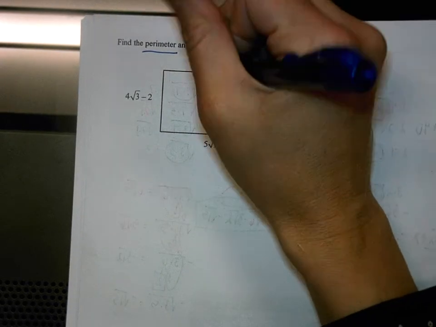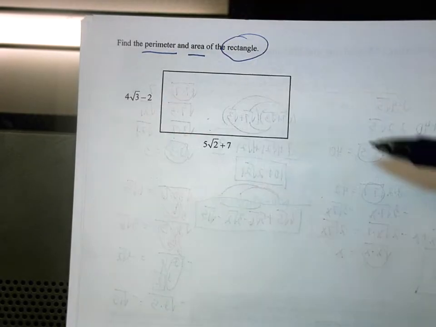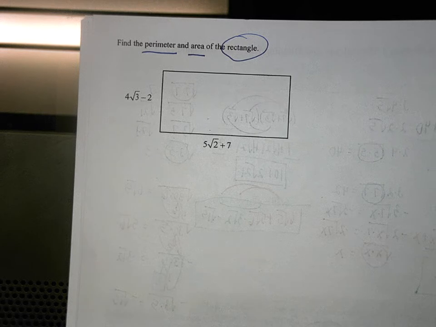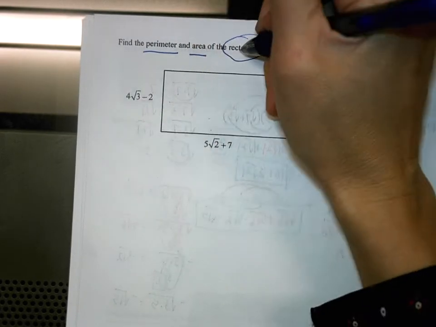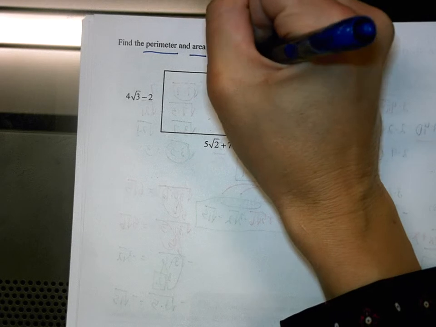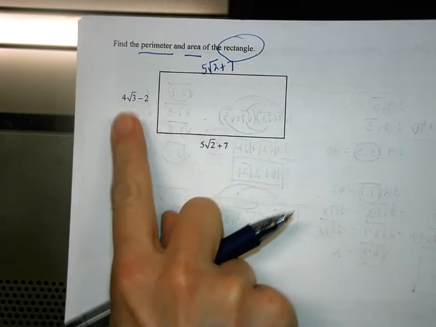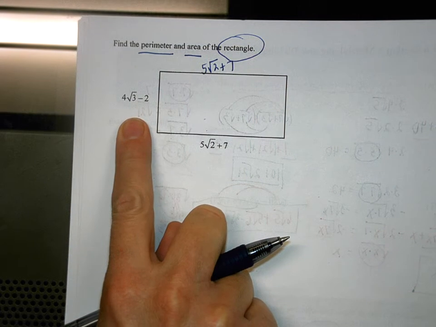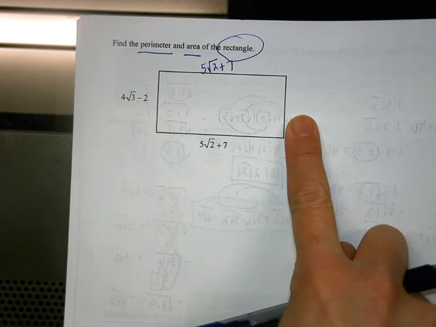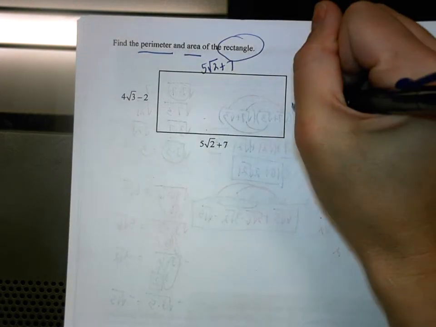Very good. Rectangles have congruent sides, correct? And so if the bottom here is 5 root 2 plus 7, that means the top is 5 root 2 plus 7. And again, because we know this is a rectangle, if this left side is 4 root 3 minus 2, over here, this is also 4 root 3 minus 2.